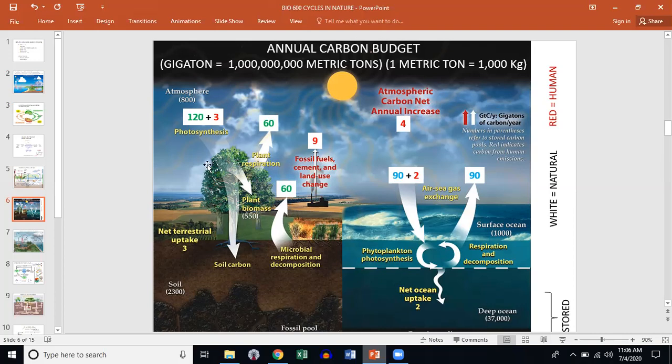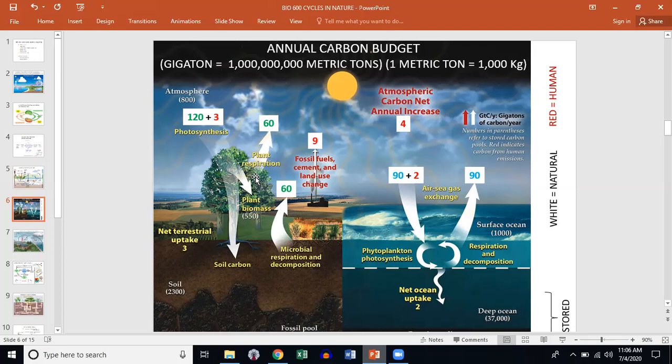So follow the green numbers first, which are the natural numbers, and we can start from the arrows going up. For example, plant respiration. There's much more plant material on Earth than there is animal material, right? Much more vegetation than there are animals.